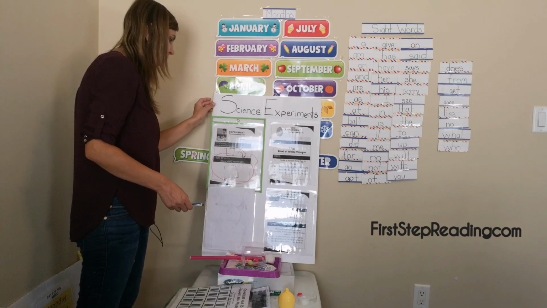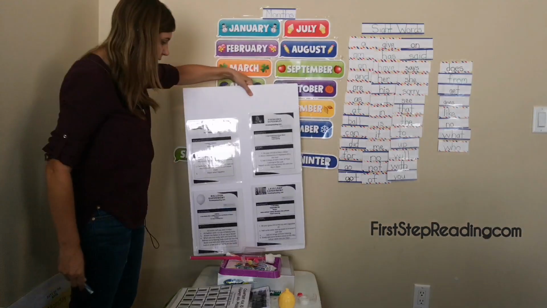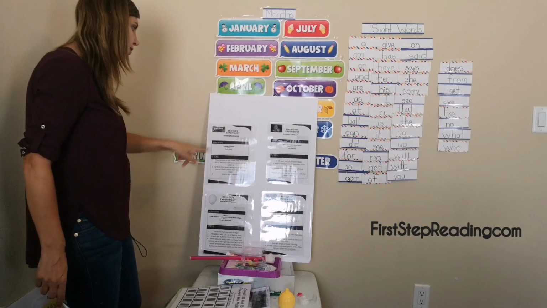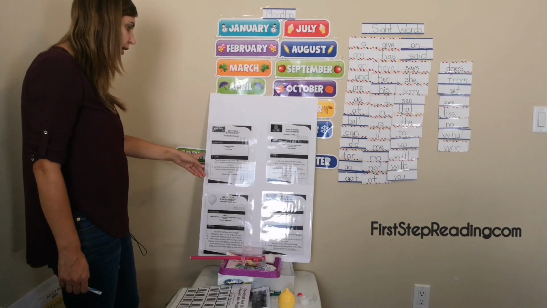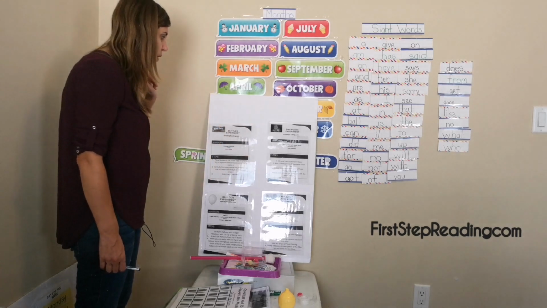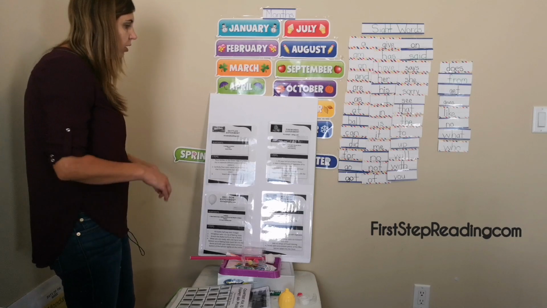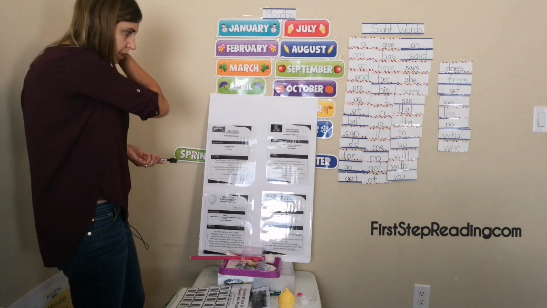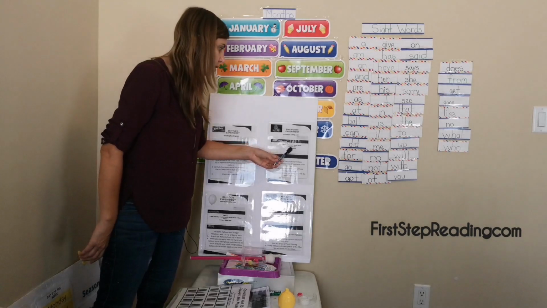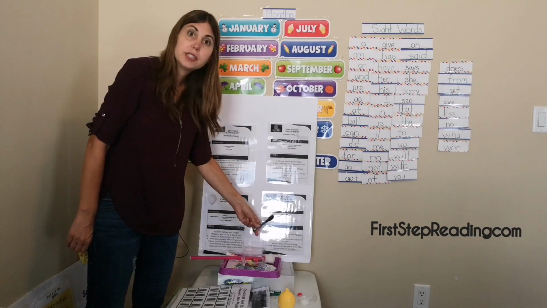Tomorrow, our science experiment is going to be, you're going to need Skittles. Okay? For tomorrow, you need a bag of Skittles, water, and a plate if you want to try that experiment. For the rest of the week, the only ingredients you would need is food coloring, Alka-Seltzer tablets.